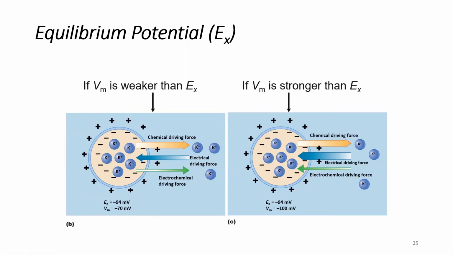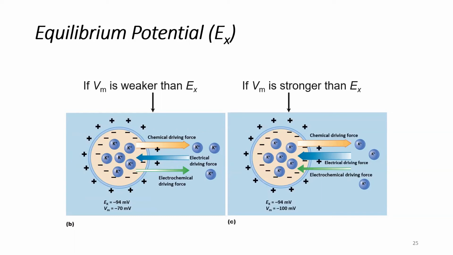Alternatively, potassium is positively charged, and so it's going to want to get inside the cell where this negative environment exists, right? If we have a membrane potential of negative 70 millivolts, this means that the inside of the cell is negative 70 with respect to the outside of the cell, so it's more negative.